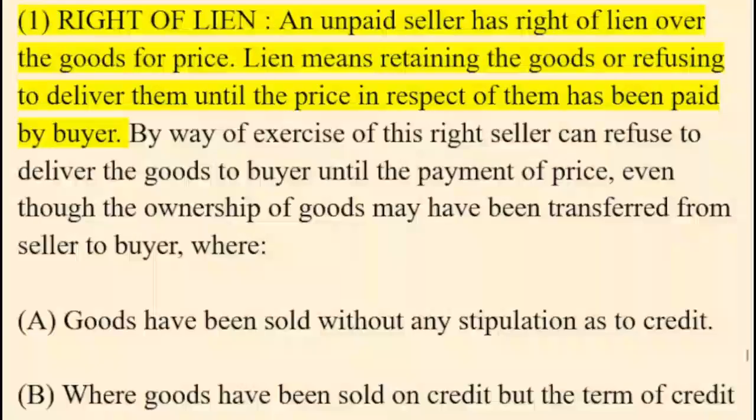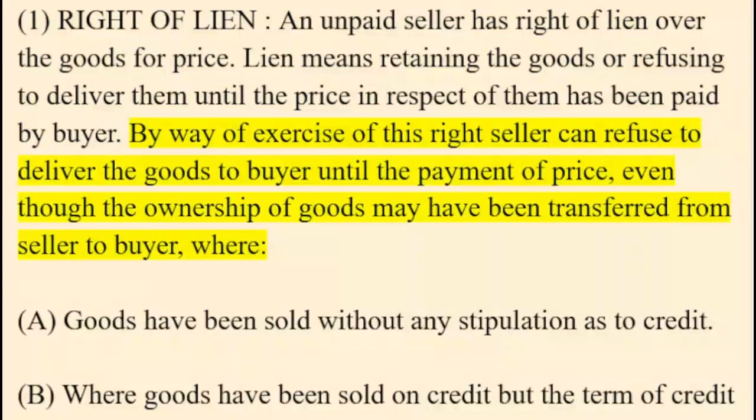1. Right of lien. An unpaid seller has the right of lien over the goods for the price. Lien means retaining the goods or refusing to deliver them until the price in respect of them has been paid by the buyer.